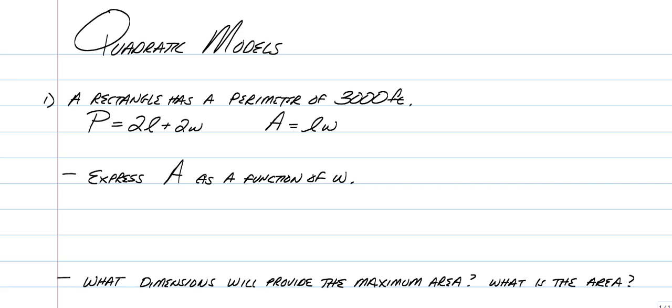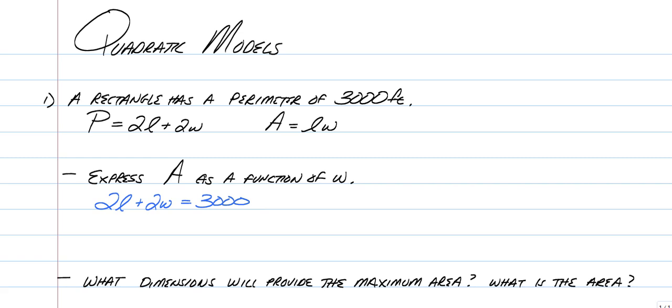Well, the first thing we know for a fact is the perimeter is 3,000. So we can set our perimeter formula 2L plus 2W equal to 3,000.